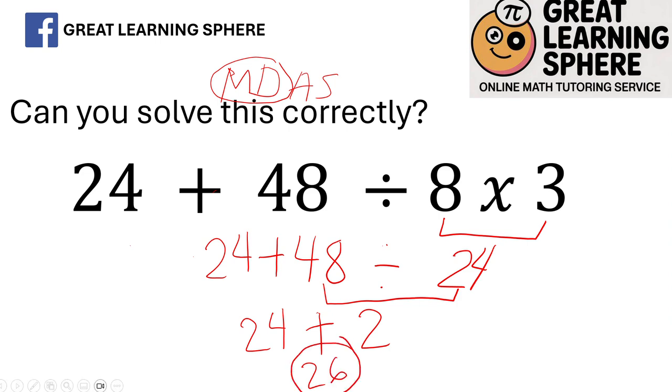If that's your answer, it's fine. That is, as I said, the most common misconception of the MDAS rule. So again, the correct answer here is 42.